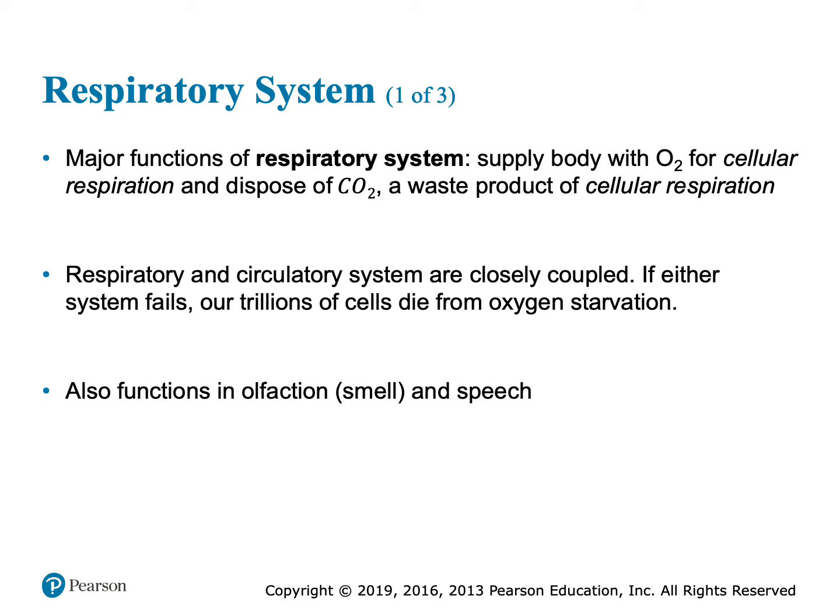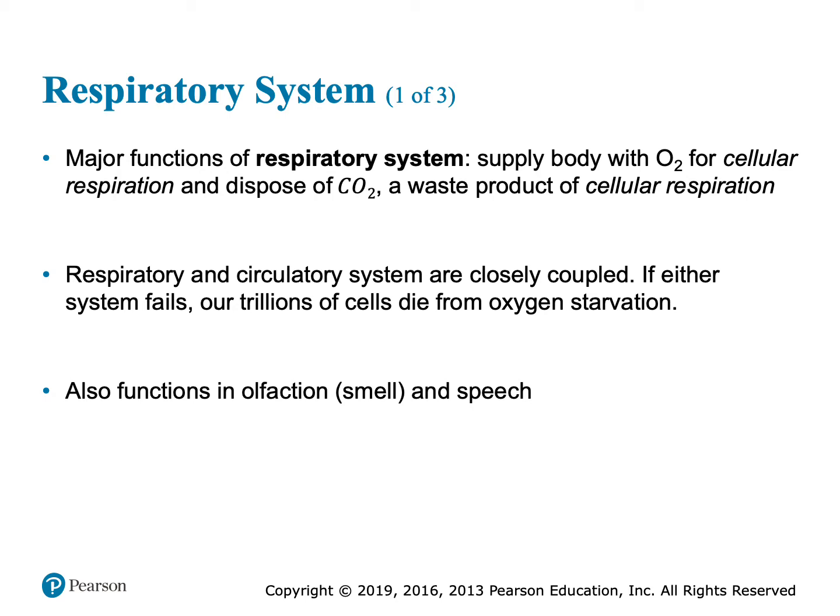And inside those cells, almost all of them except red blood cells have mitochondria, and more than just one. A skeletal muscle has so many. So the oxygen is what makes us have ATP.